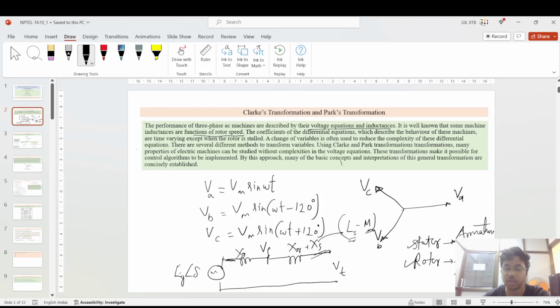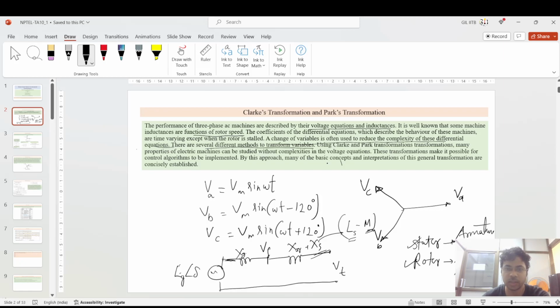So Ls is the self-inductance of the stator winding, and M is the mutual inductance which comes from the rotor side field winding.